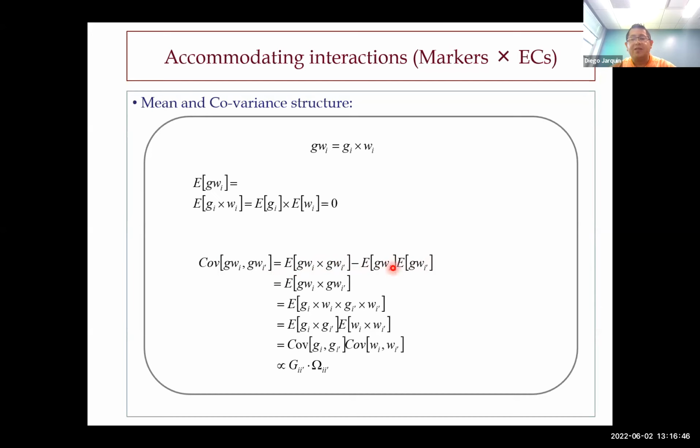We know this second part is equal to 0, so we just have to focus on the first part. As these terms are independent, we can separate them, so this is equal to the expected value of G i times G i prime by the expected value of W i times W i prime. And these are just the i, i prime element of the kinship matrix and the i, i prime element of the environmental kinship matrix.